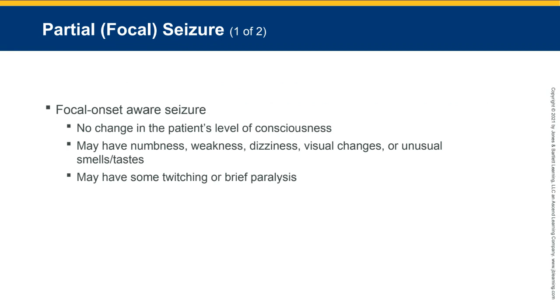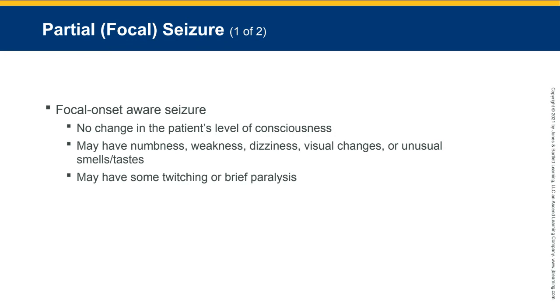Now, partial focal seizures. It can be a focal onset aware seizure, and all that means is that the patient's level of consciousness is still present, but they cannot control what is happening to their body. They are aware that something is happening, but they can't control it.